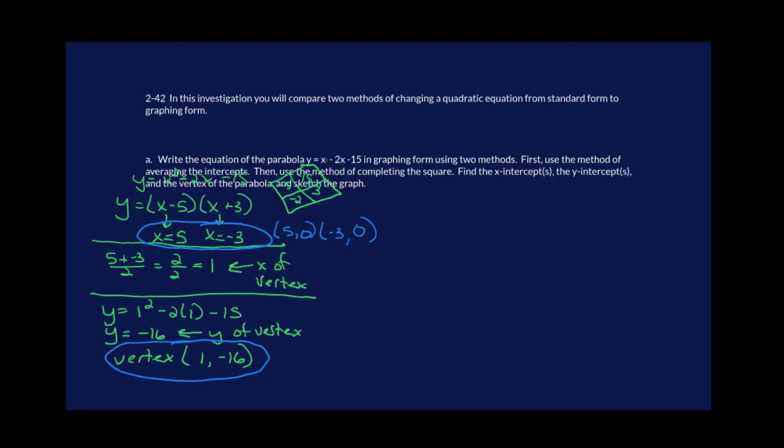So if I'm looking for the y-intercept, I would set x equal to 0 because that's what x is when it's the y-intercept. Okay, so our y-intercept is going to equal negative 15. And that means we would say 0, negative 15. So there's your y-intercept.